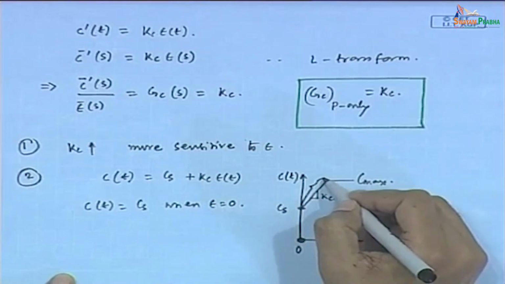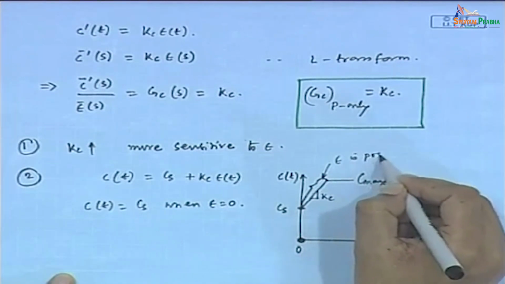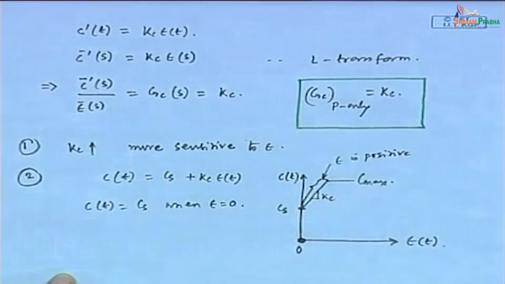Now, this variation is obtained when epsilon is positive.